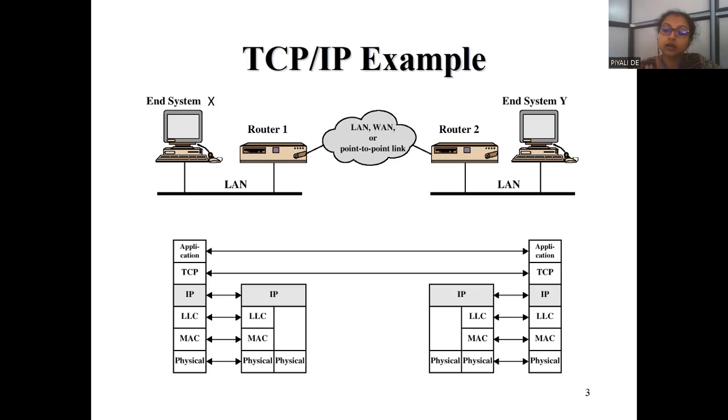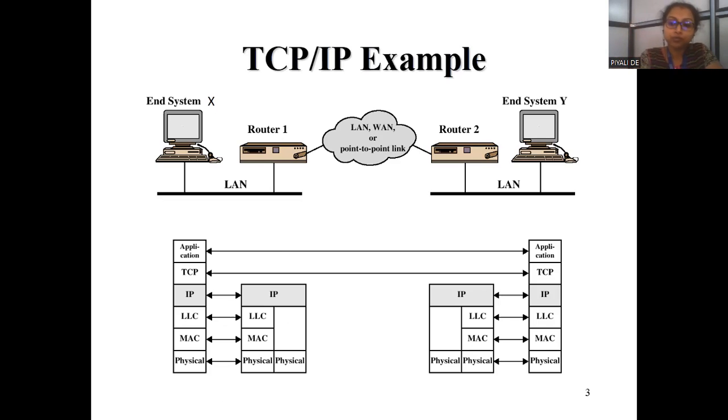Then in the network layer, the IP protocol removes its own header and delivers the packet to TCP. TCP removes its own header and delivers it to the application layer. Only the data is delivered to the application layer. So thus host X communicates with host Y.